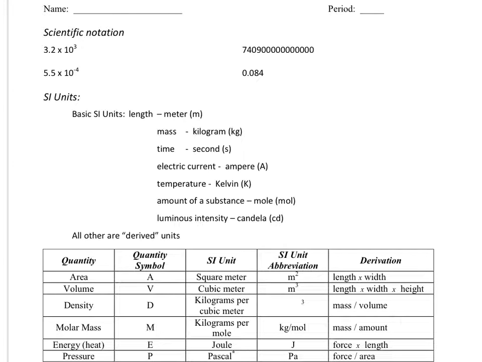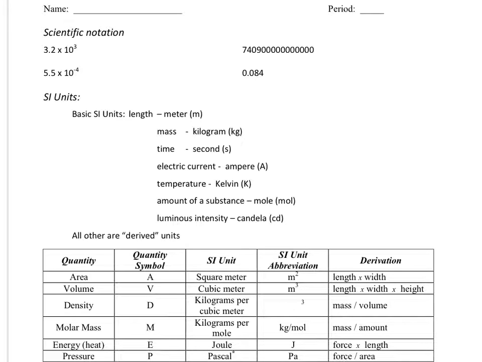So to go from scientific notation to longhand, you use the power of 10. That's how many places you move your decimal point. For example, if you have 3.2 times 10 to the third, that means I need to move my decimal 3 places. Since it's a positive exponent, 10 to the positive third, I move it to the right.